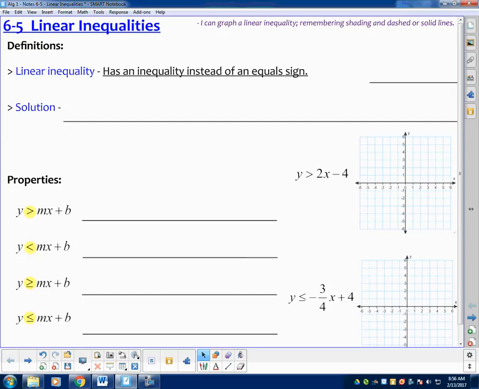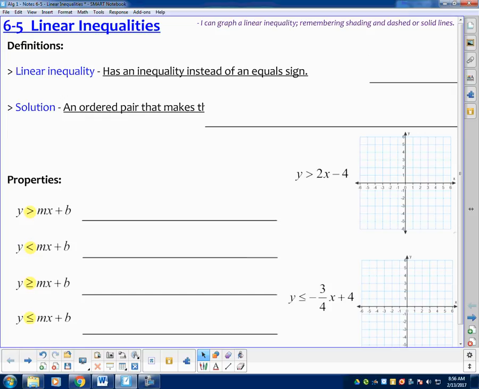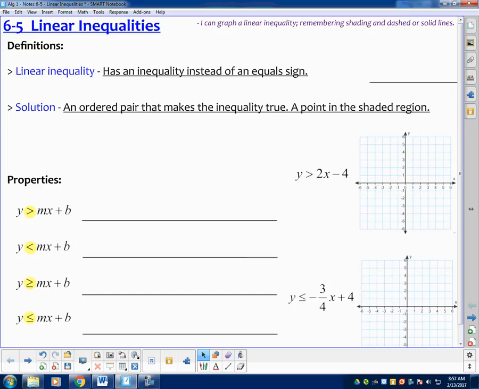If I say x is less than 4, all of us in this room could think of a different number that makes that inequality true. Okay? 3, 2, 1, 0. So for an inequality, we're going to have many solutions, and it's going to make the inequality true.